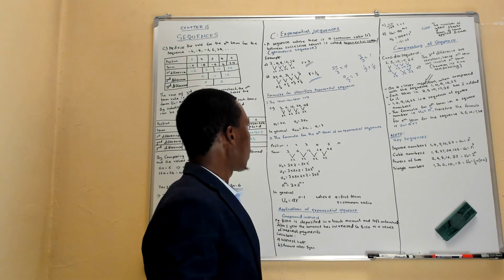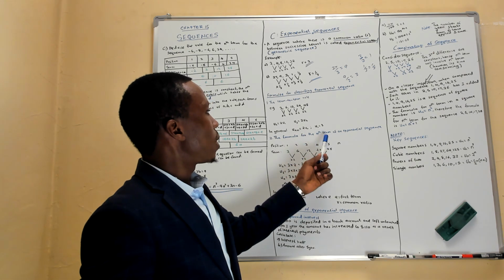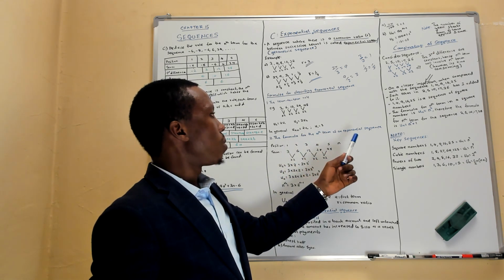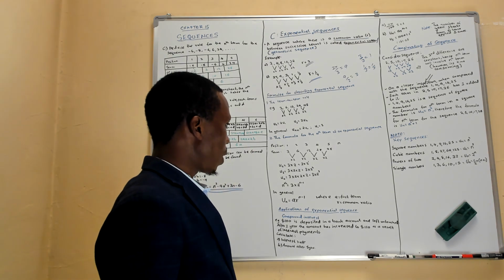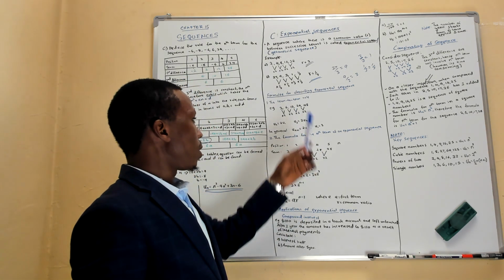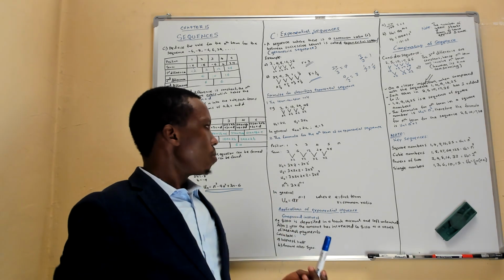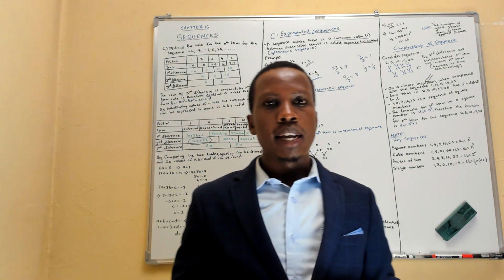And then the second formula is for the nth term of an exponential sequence. For example, using the same sequence here, the second formula always links the position and the term.